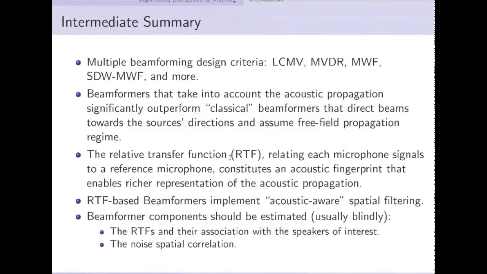Usually in our scenarios, there will be several speakers in the environment. Some of them are desired, some of them are interference. We will have to deal with each one of them separately, and the LCMV gives this to us quite easily. So this is why we are using the LCMV criterion.